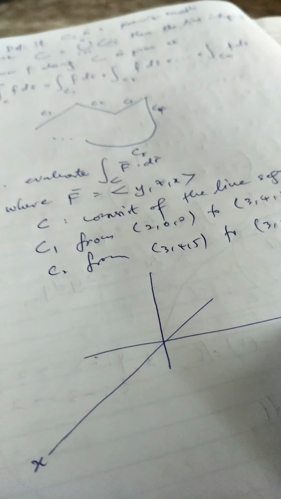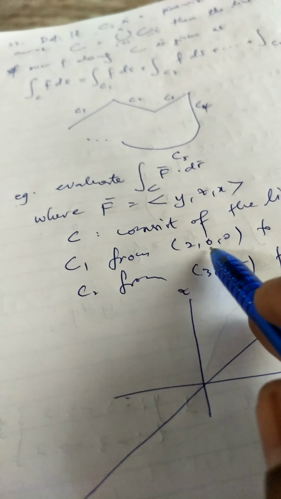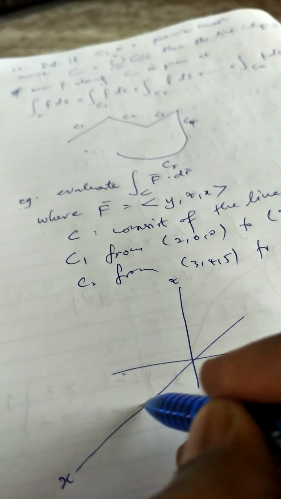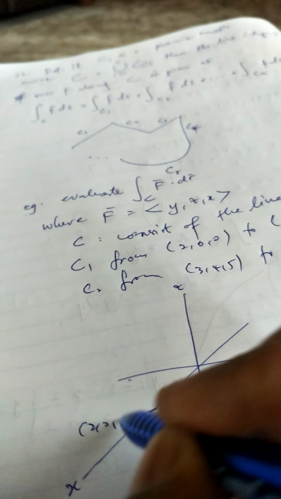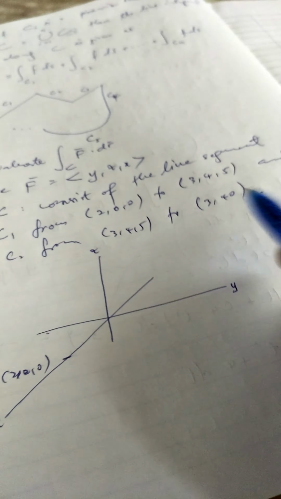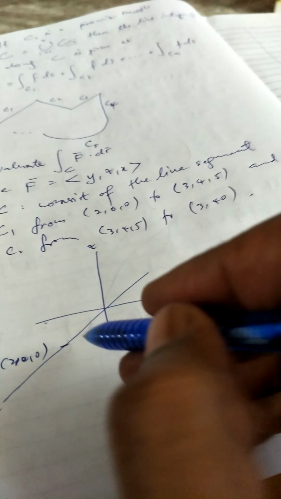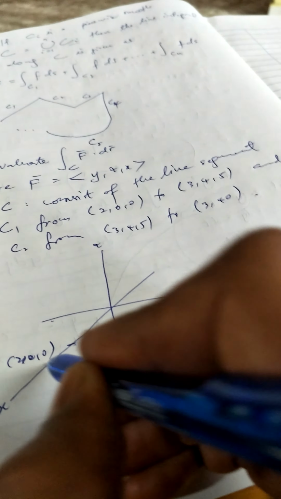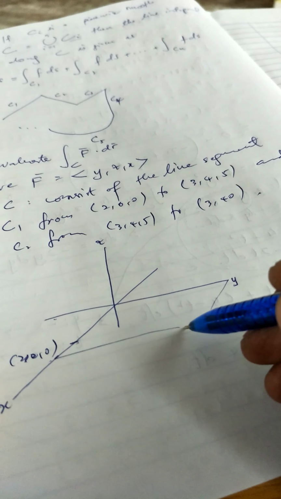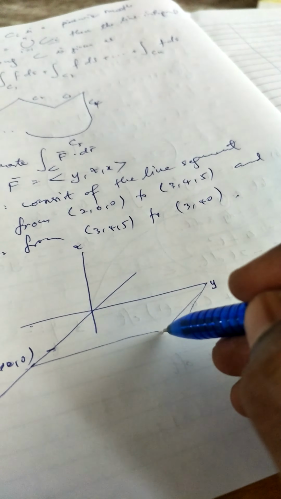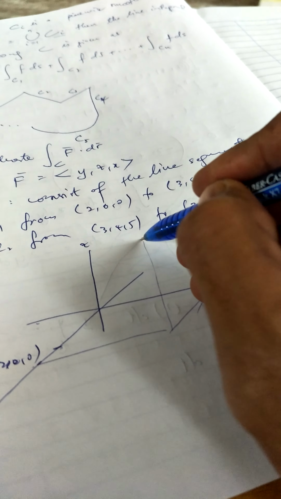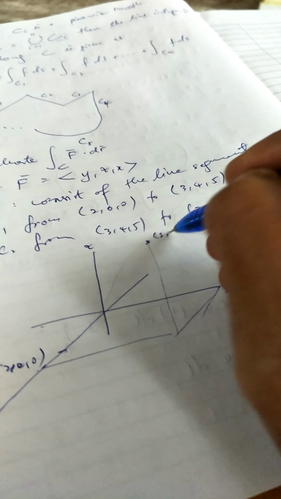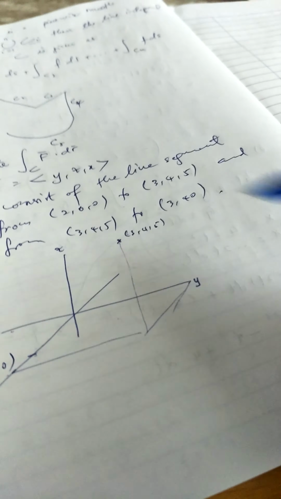We have the first point here, (2, 0, 0), then we have (3, 4, 5), and then (3, 4, 0).